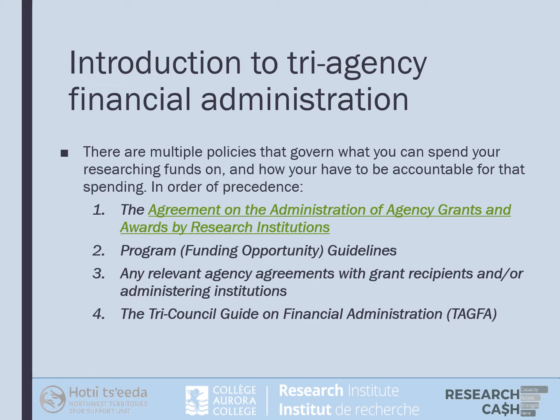This is a legal document signed by the President of the Tri-Agency Funding Agency, that's NSERC, SSHRC, or CIHR, and the administering institution. It's usually the president or vice president of a college or university. The agreement lays out the roles and responsibilities for each party, the obligations that the institution has, the reporting requirements, who owns the equipment, and conflict resolution steps.